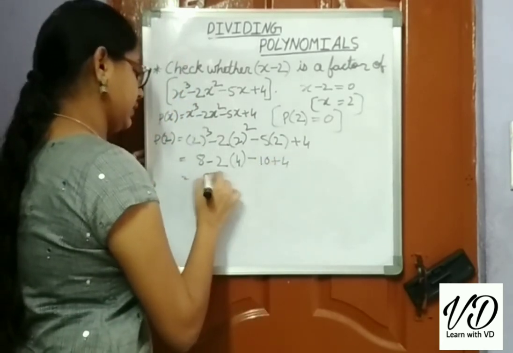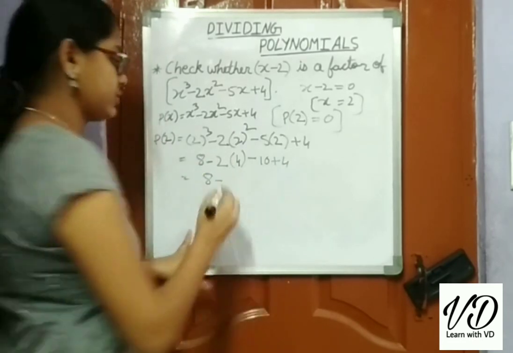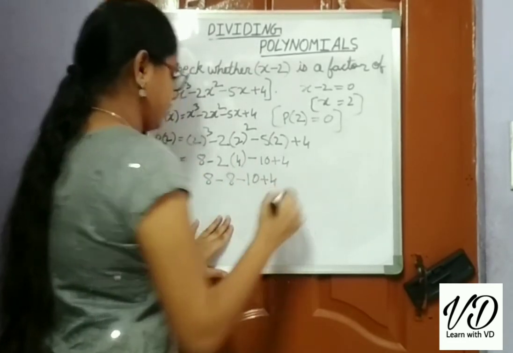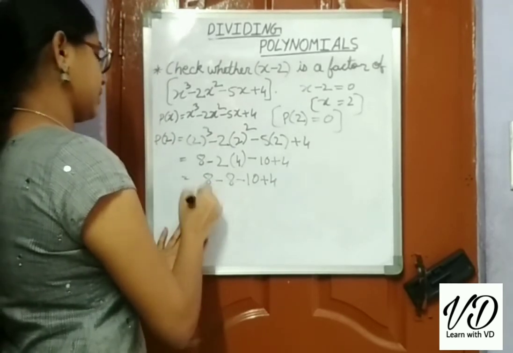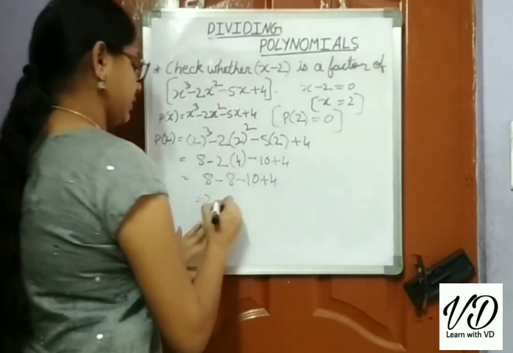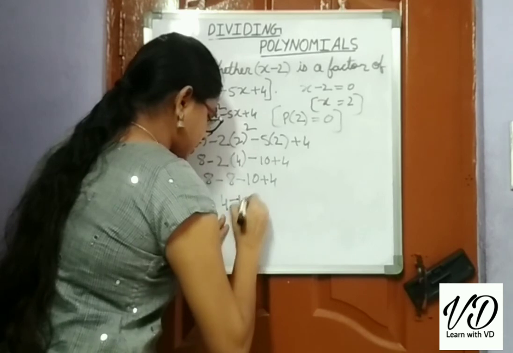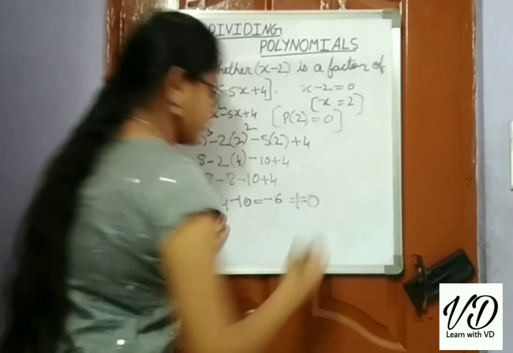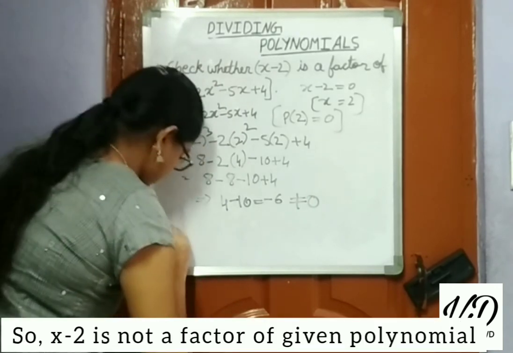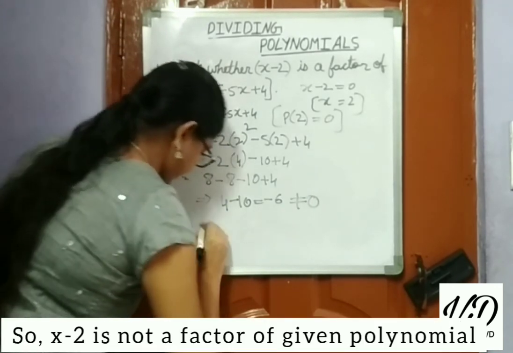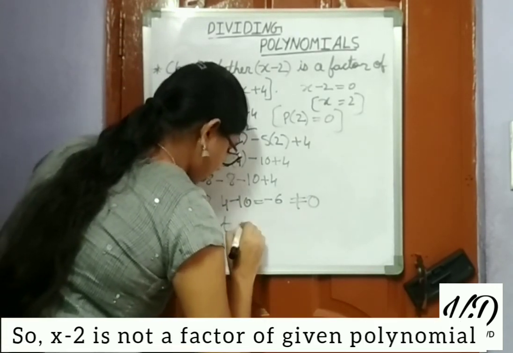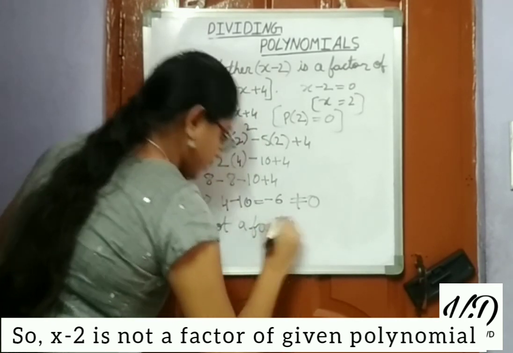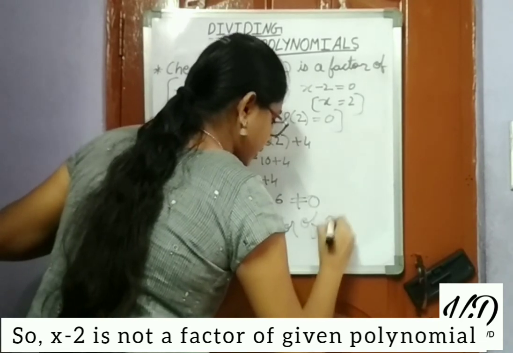We get 8 minus 2 fours are 8, minus 10 plus 4. Here plus 8 and minus 8 cancel and we get 4 minus 10, that is minus 6. That is not equal to 0. So x minus 2 is not a factor of p of x.